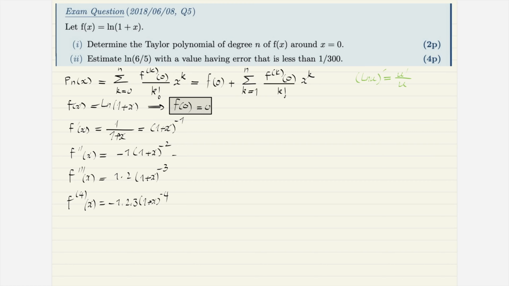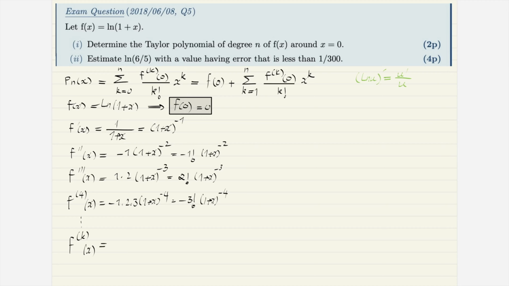Okay, so here this will be minus 1 factorial if you want, 1 plus x to power minus 2. This can be written as 2 factorial, 1 plus x to power minus 3. This can be written as minus 3 factorial, and then I have 1 plus x to power minus 4. So hopefully you can see what is happening if I reach the kth order derivative.